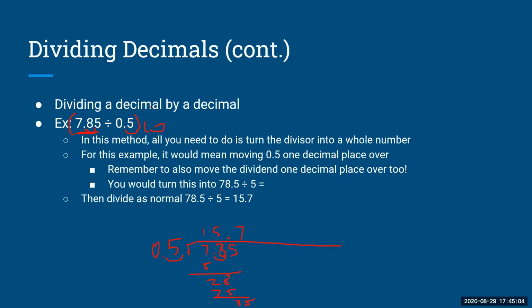That's the same exact thing. Wait, no, you can't do that. It won't give you the same thing because 7.85 divided by 0.5 is not equal to 785 divided by 5. If one number gets a shift, so does the other number. Exactly. Yes, exactly. Oh, 50. Ah.